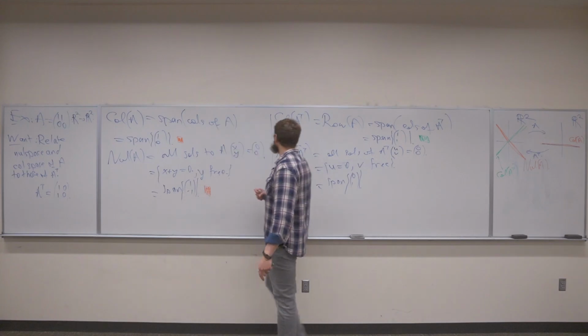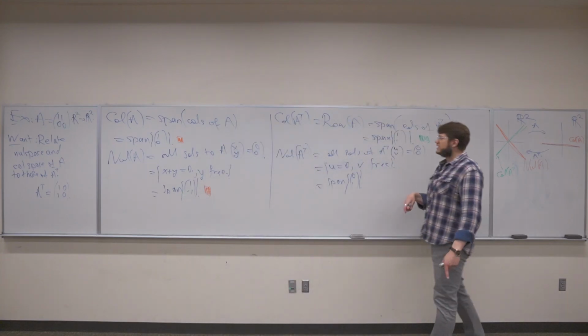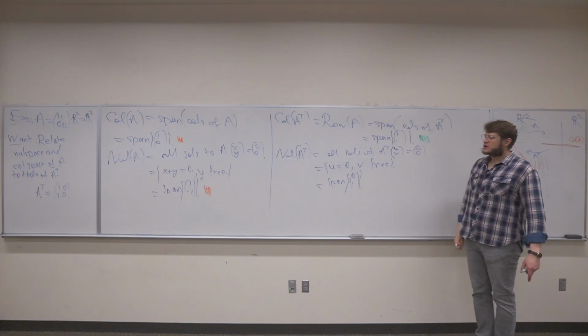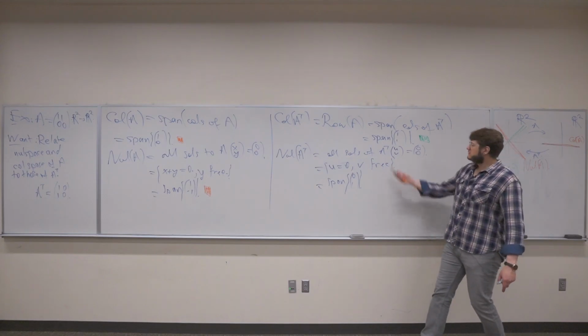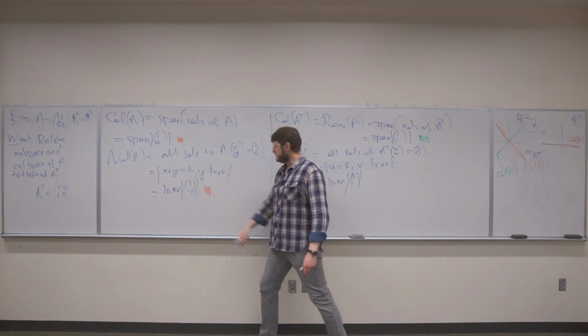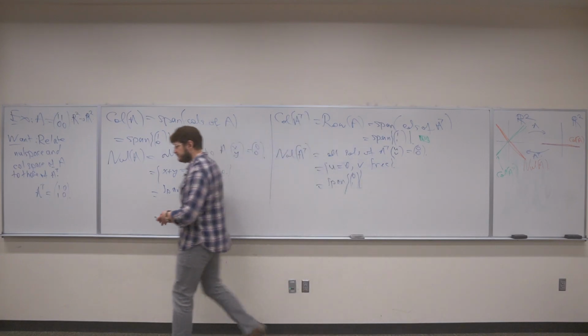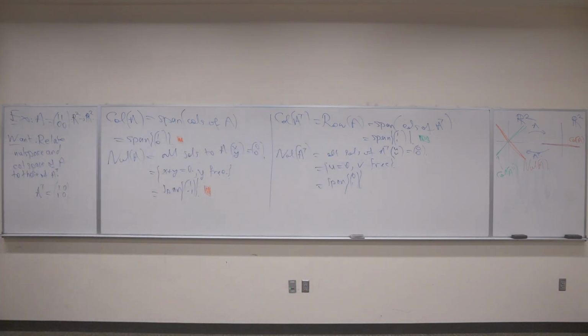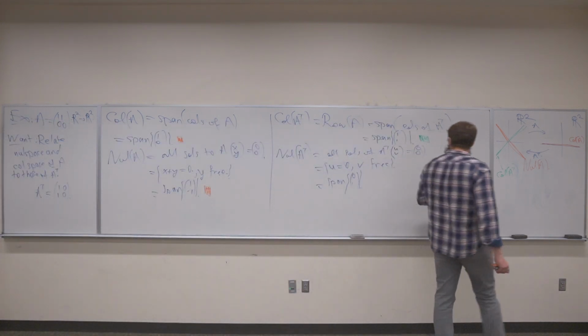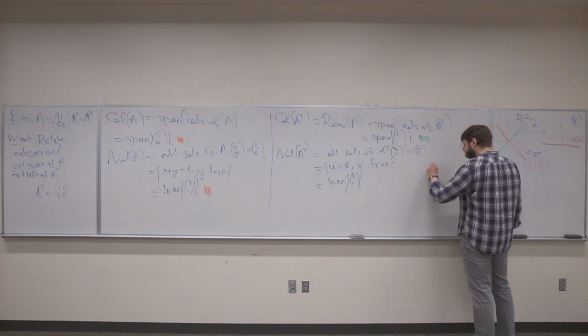That was the null space of A. On the other hand, the span of 1, 1 was the column space of A transpose. Now, if I were to dot this vector and this vector, I'm going to get 0. Okay, let's do it over here. Take this, dot it, inner product it against this guy.